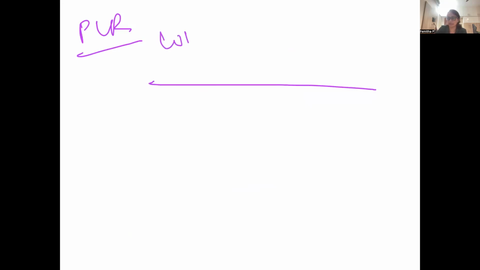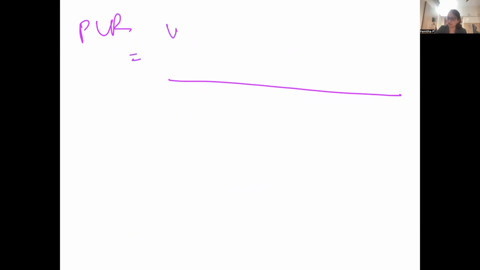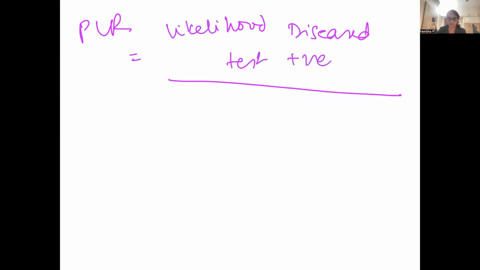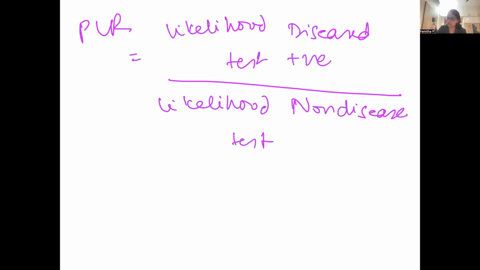Okay, so PLR. This is a ratio, in plain English, of the likelihood that a diseased person gets the test positive as their result, divided by the likelihood that a non-diseased or normal person gets the test positive.